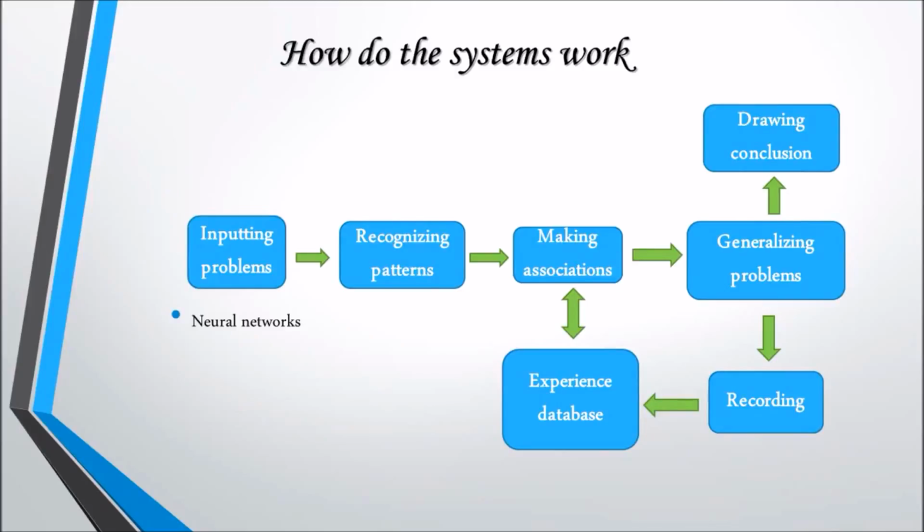As for the neural network system, the basic processes are similar, except that instead of only searching for information and solutions, it also makes association and connection, which means the problem is addressed more precisely. And after making the recommendation, the result goes to the database, which would provide possible association for other problems.